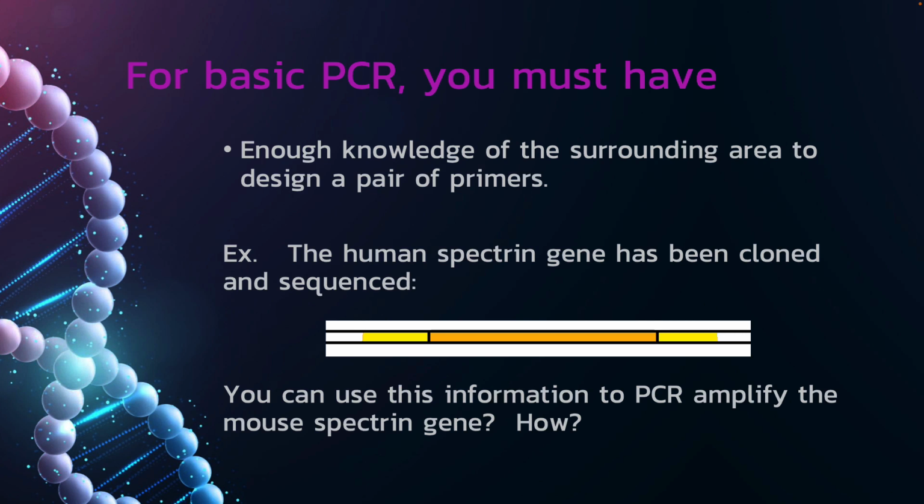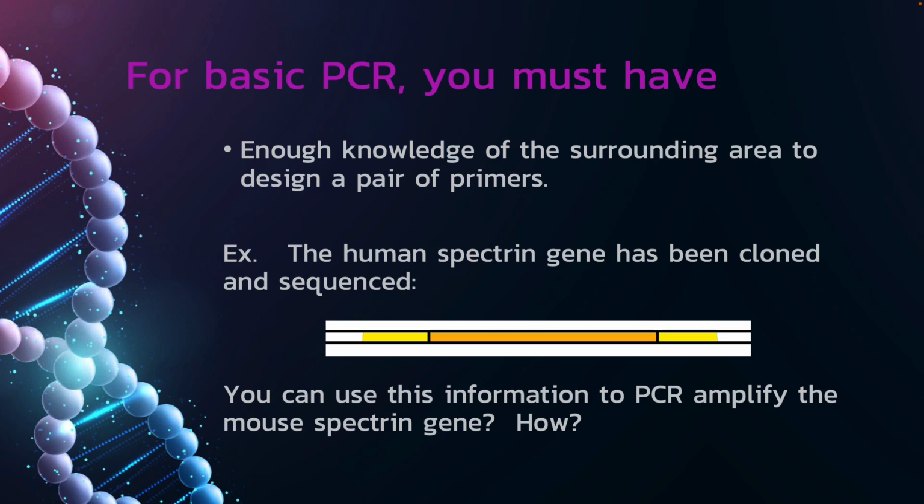Let's say things are not perfect, not a perfect world, and your species has not been sequenced. So the example here, the human spectrin gene has been cloned and sequenced, but perhaps you want to amplify the mouse spectrin gene. So in this case, what you could theoretically do is take the information from the human gene and use it to design primers for the mouse.